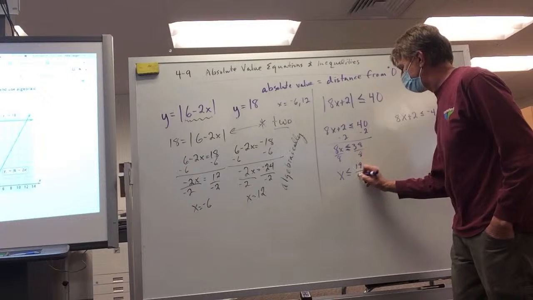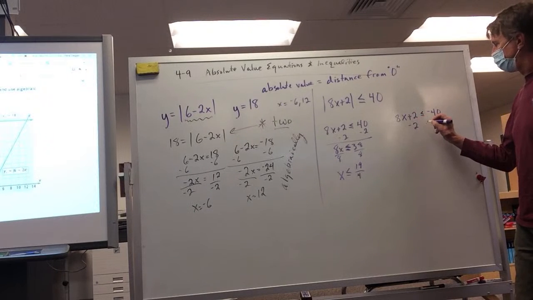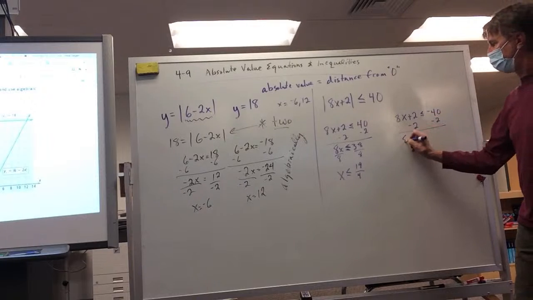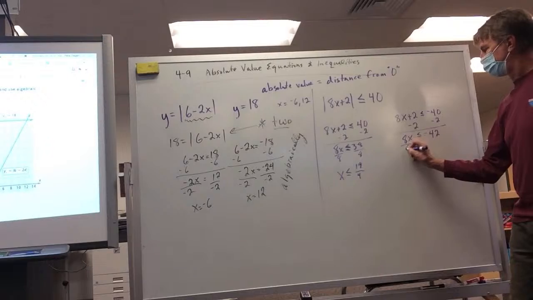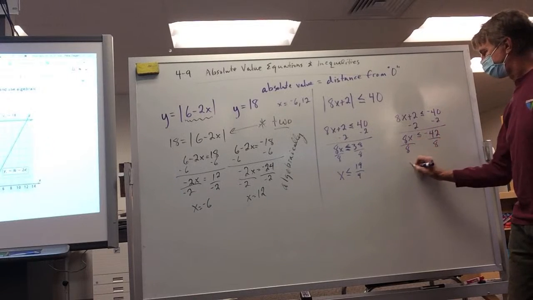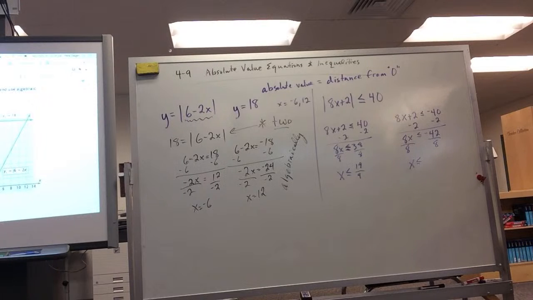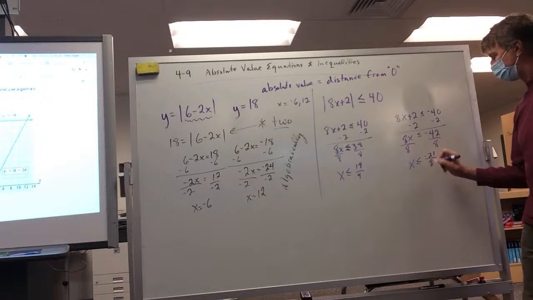So let's just call it 19/4 for now. Then we're going to come over here, and we've got a negative 40. So 8x less than or equal to negative 42. What's half of 42? Negative 21 over 8.